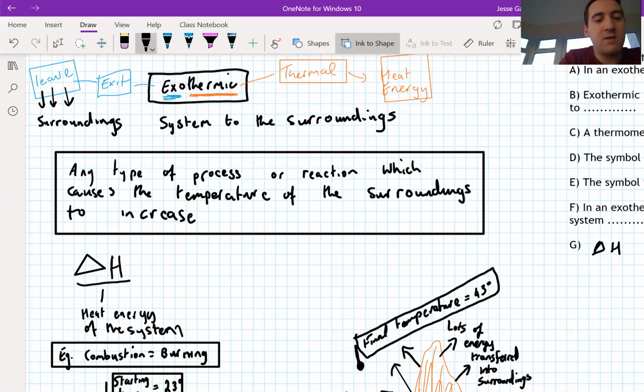So delta H can be positive or it can be negative. So this will be delta H plus or delta H minus.